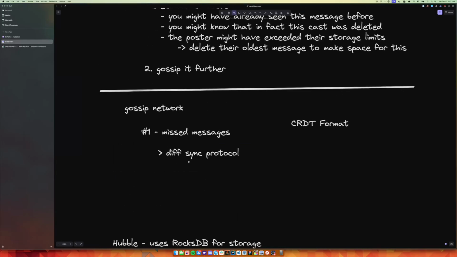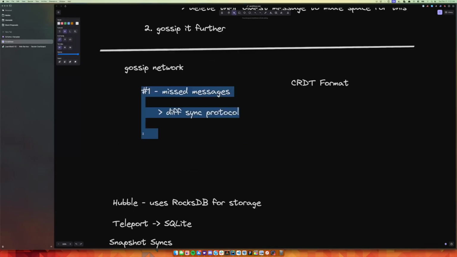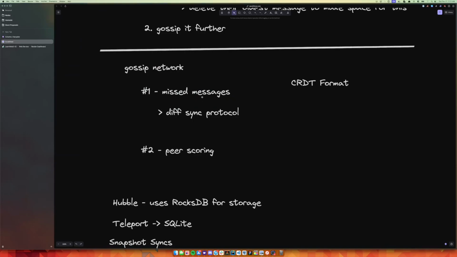I did want to mention another point about things you need to think about in the gossip network. The other thing is peer scoring. I should have mentioned this first. We talked about missed messages.